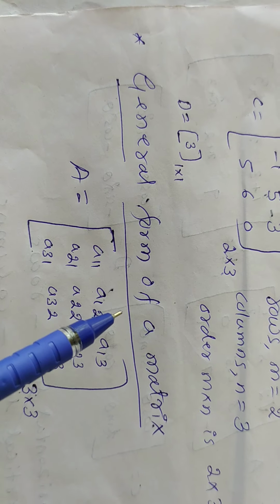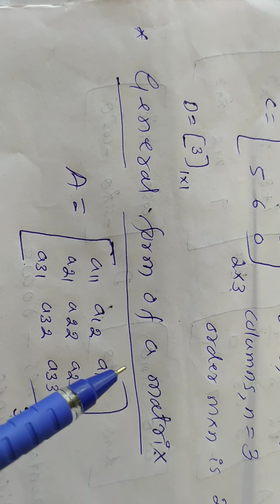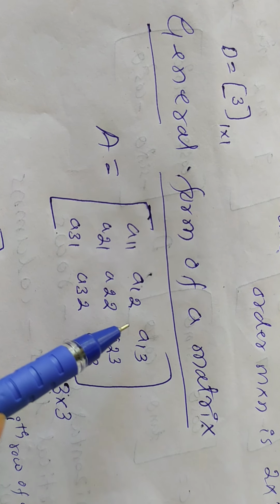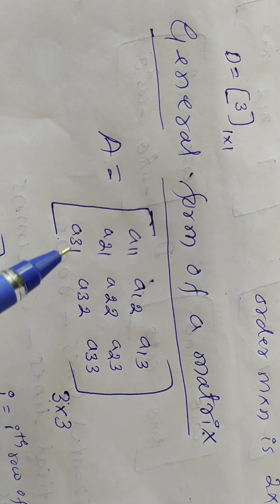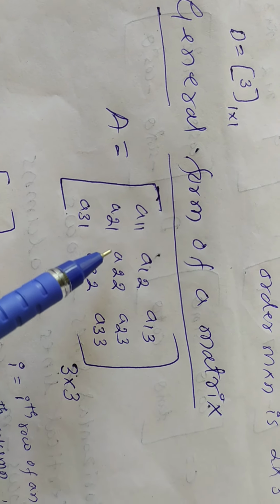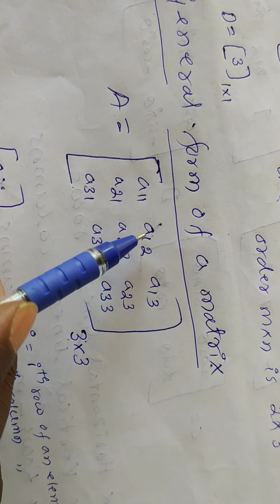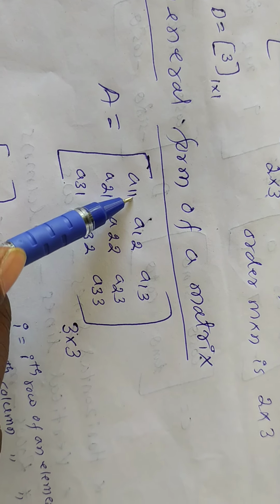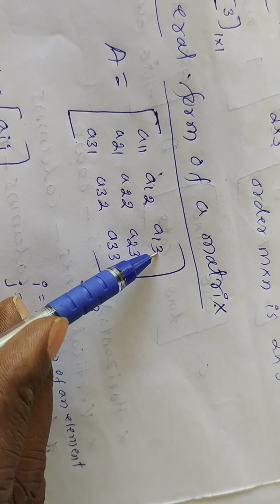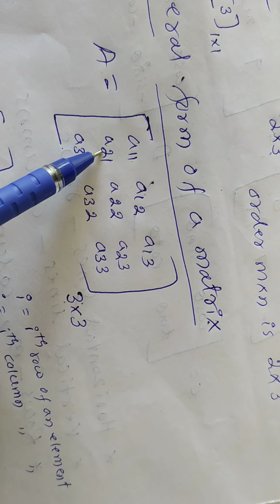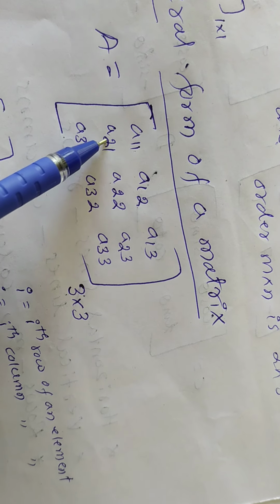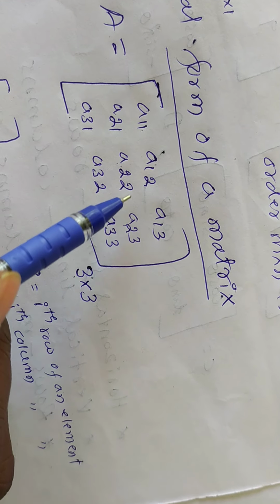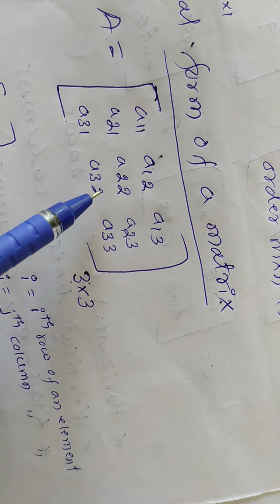Now, the general form of a matrix. Let A be a matrix with elements A11, A12, A13, A21, A22, A23, A31, A32, A33. Here the first index 1 is constant, it represents the first row, and the second index 1, 2, 3 means first, second and third column. 2 is constant in the second row, and 3 is constant in the third row.